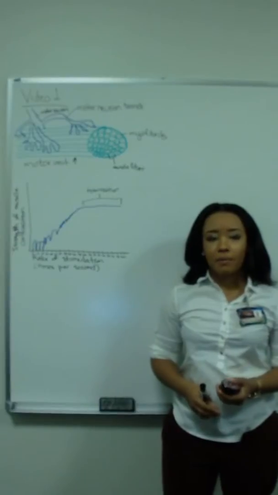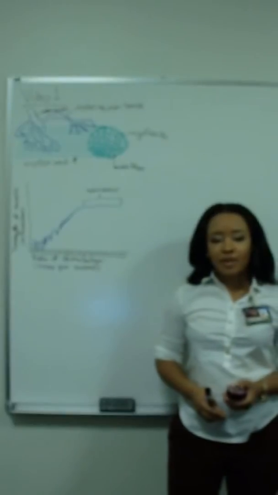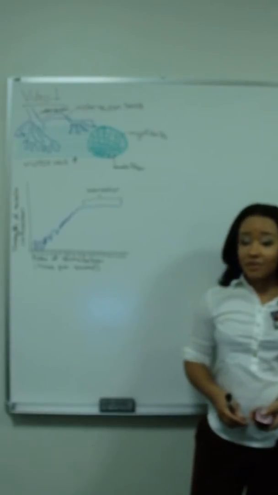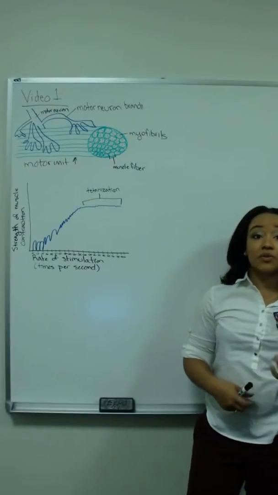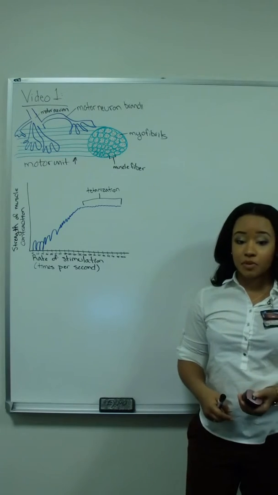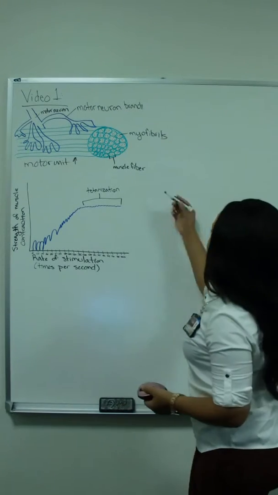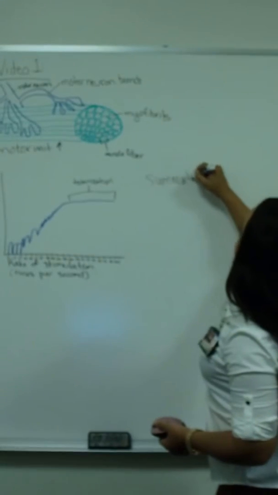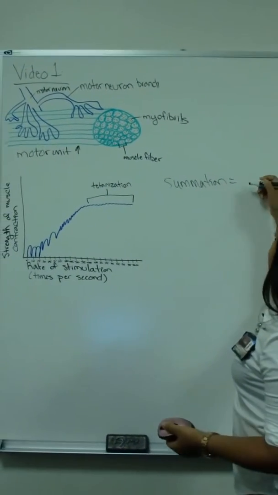Next, we're going to talk about muscle fiber summation. So what is summation? Summation means adding together of individual twitch contractions to increase the intensity of the overall muscle contraction. Just like adding in algebra.